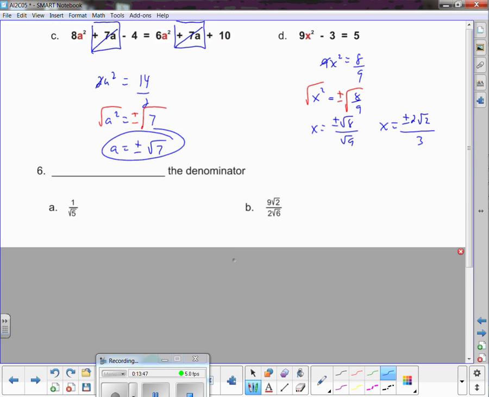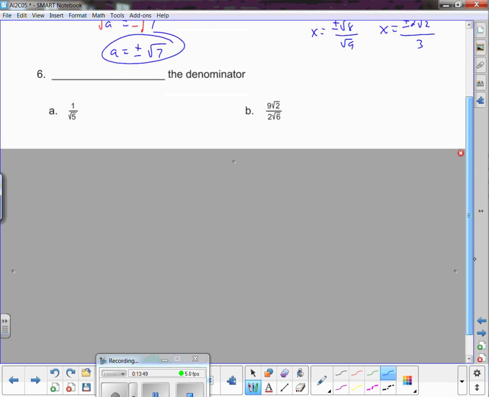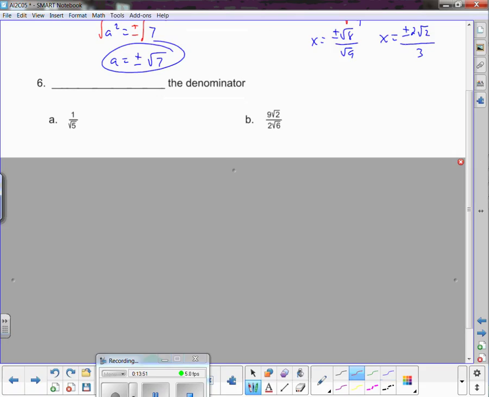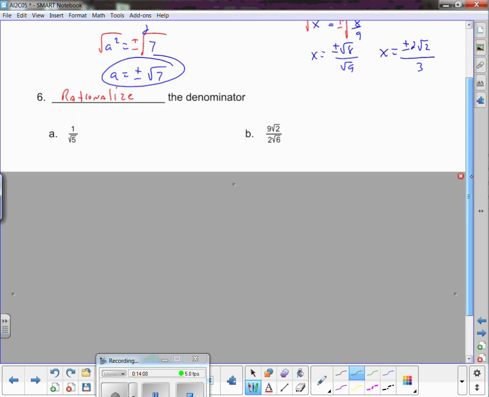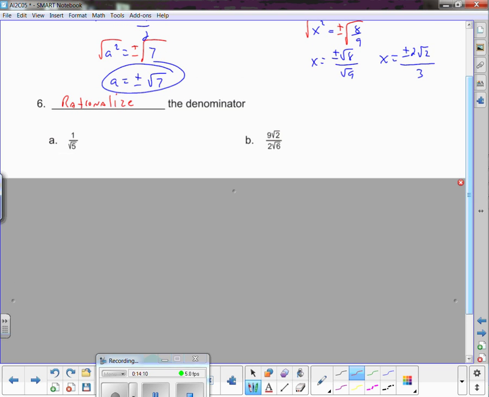Okay, so that then causes me to remind you guys of the aspect of rationalizing the denominator. So to rationalize the denominator. Look, the example I just did, I'm able to take the square root of the denominator, right?